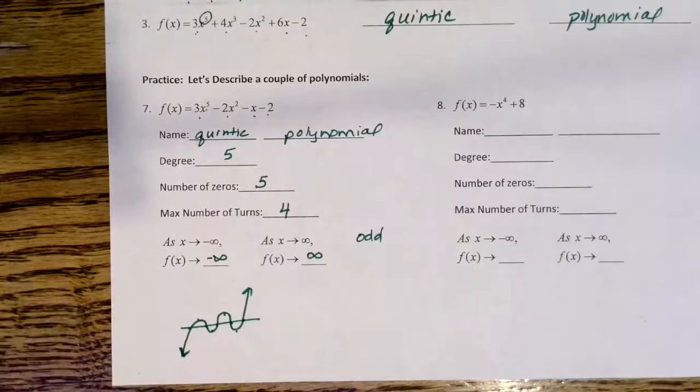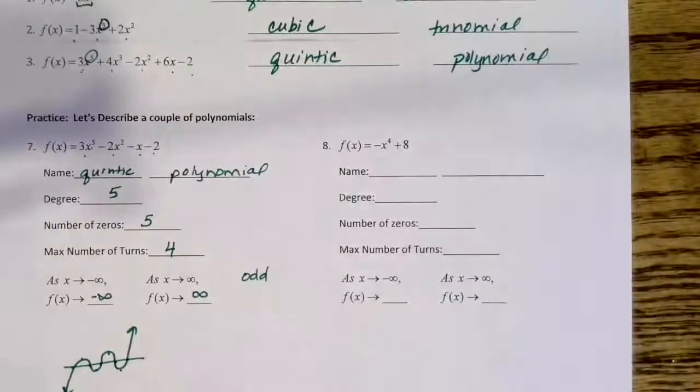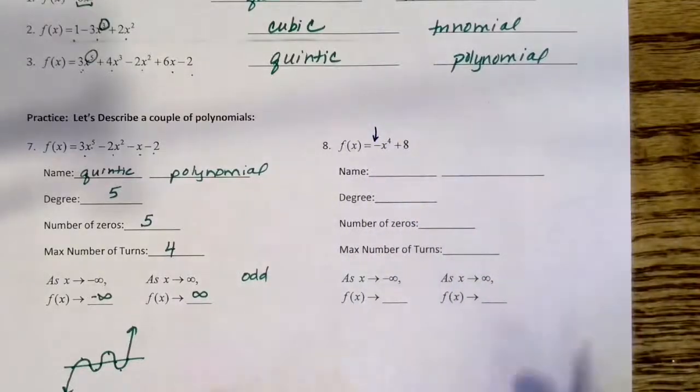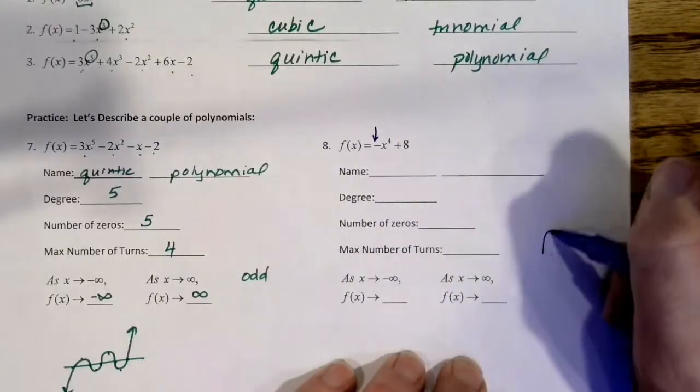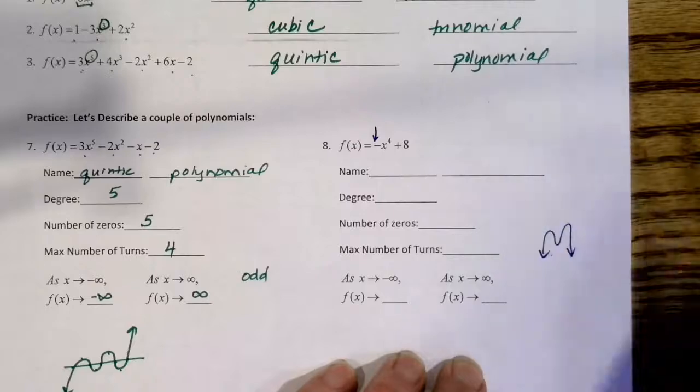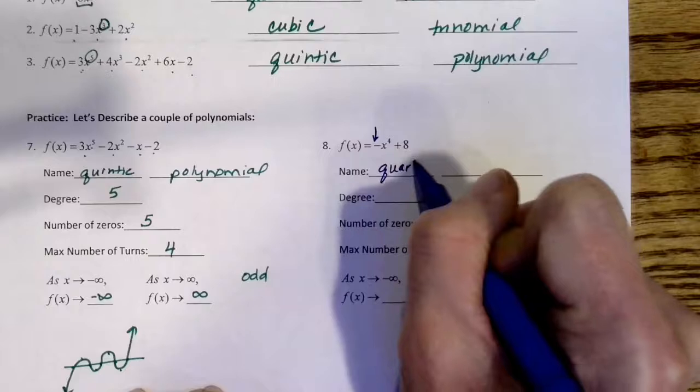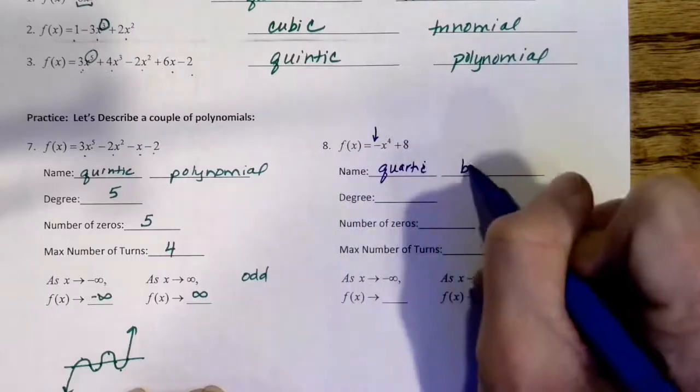All right, let's take a look at this next one. Here I have a reflection, so I know that this graph is going to look like that. It is a quartic binomial.